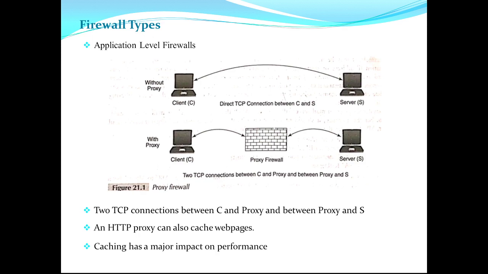Think about how cache memory works in an operating system. If some instructions are stored in the cache, and you have a larger cache memory in your computer, you will see a boost in the overall performance. Here also, caching is present in this particular firewall.